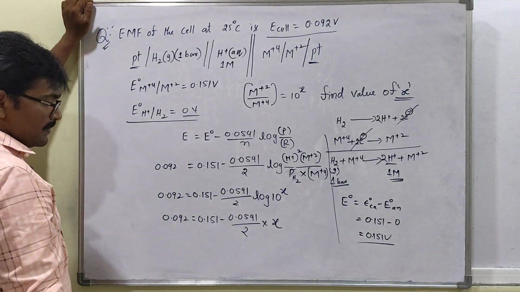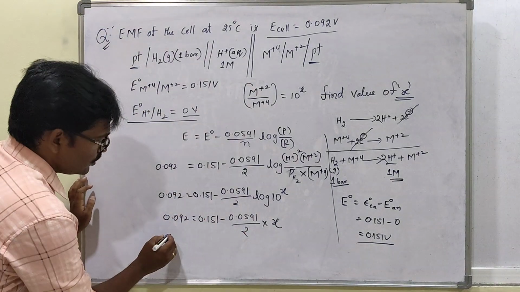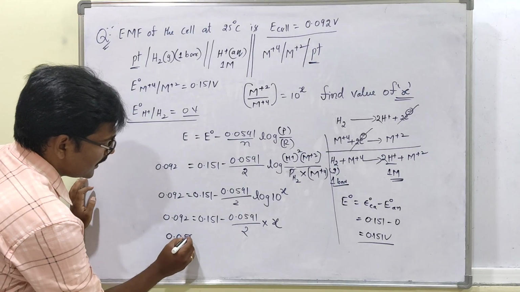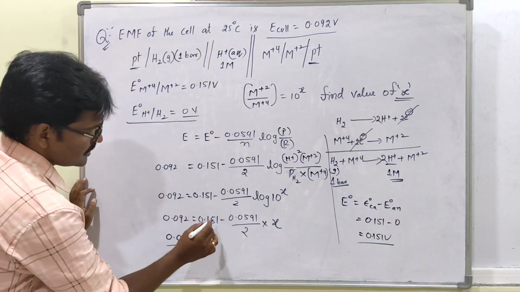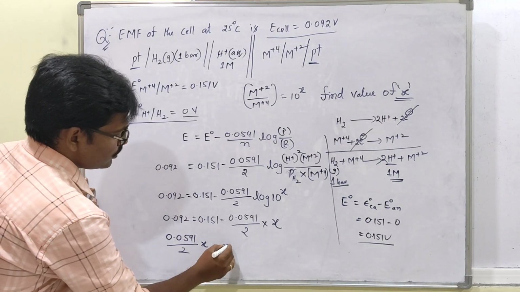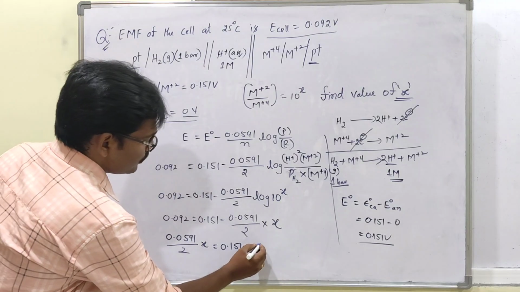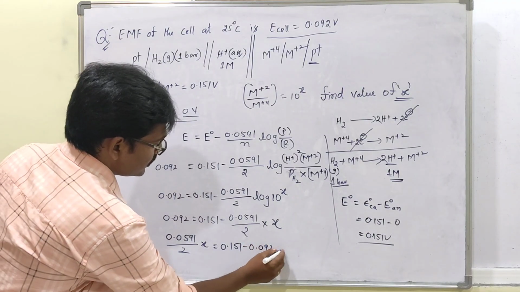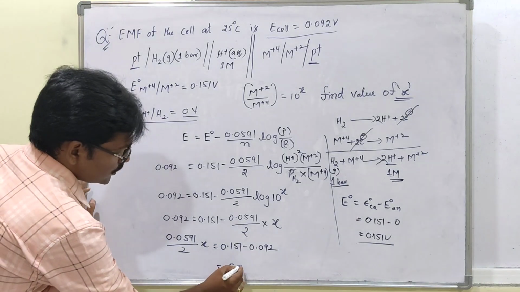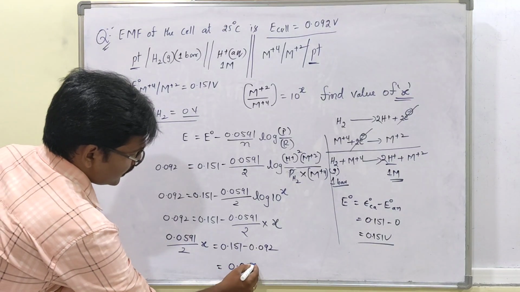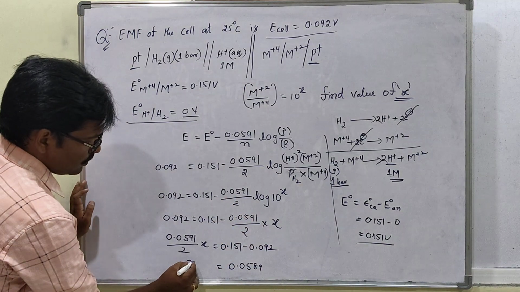So now when this total term is sent to this side, 0.0591 divided by 2 into x is equal to 0.151 minus 0.092. So this value becomes nearly 0.0589 something.